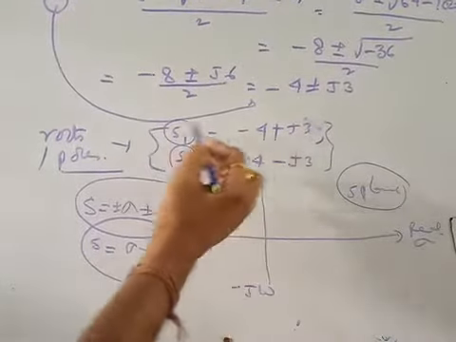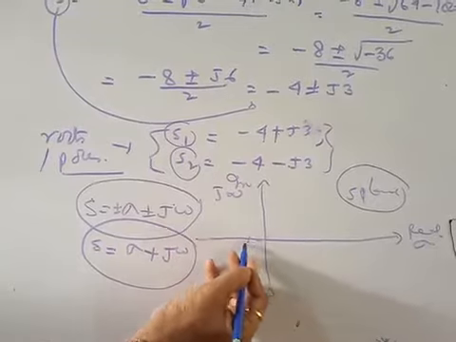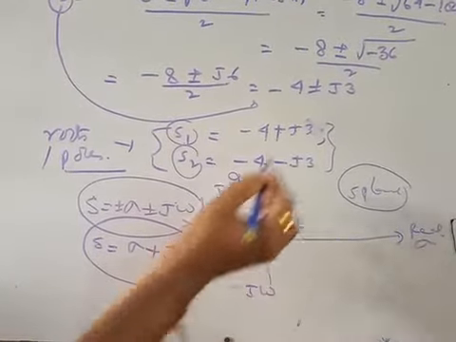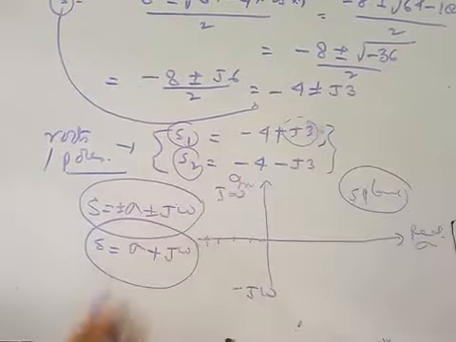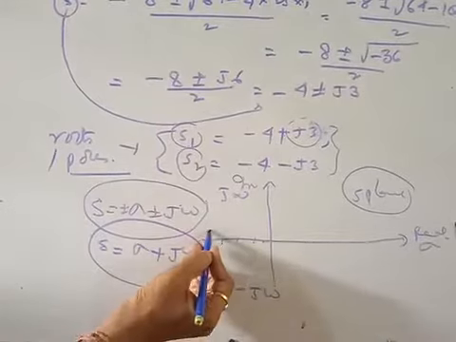See, this is s1, minus 4 plus j3. For minus 4, you have to move minus 1, minus 2, minus 3, minus 4 like this, and then you have to move by 3 values in the j axis. So 1, 2, 3.